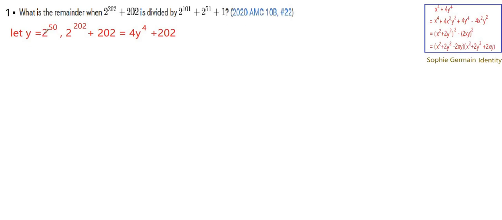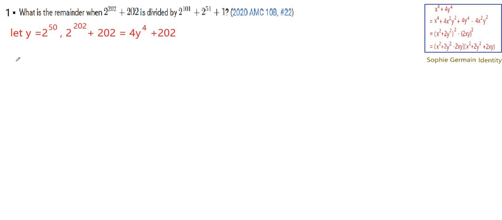Let's set y equal to 2^50. Therefore, 2^202 plus 202 becomes 4y^4 plus 202, because 2^202 is equal to 2^2 times 2^200, and this is 4 times y to the fourth power.